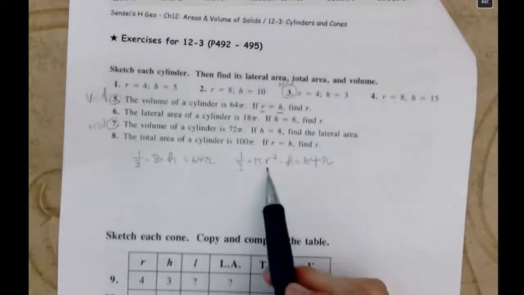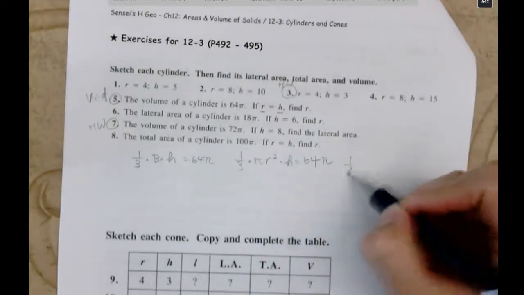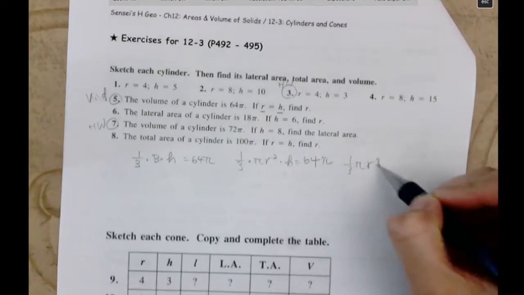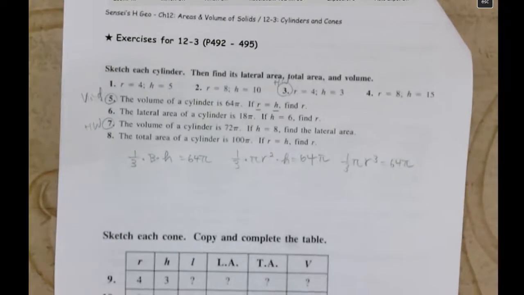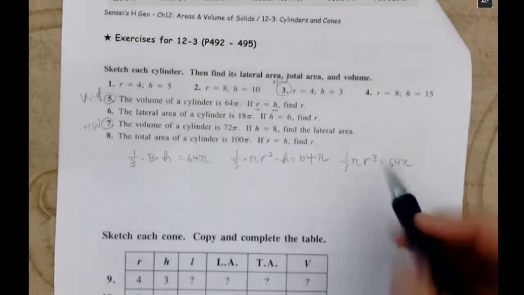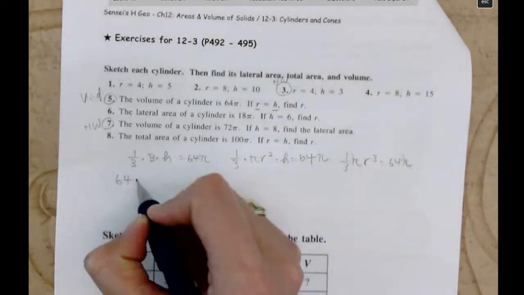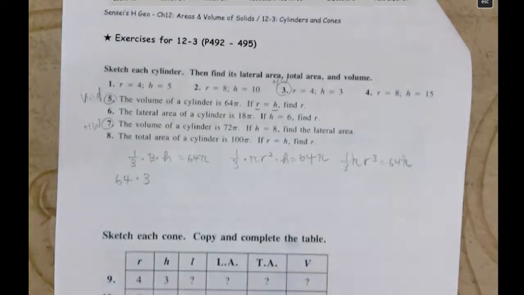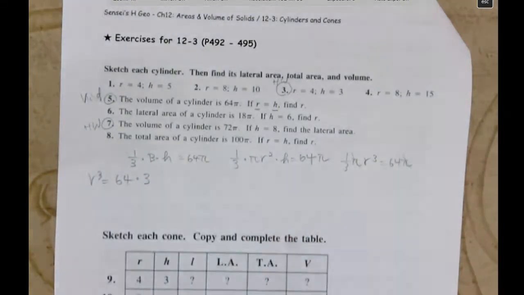Okay, and r and h are the same length. So this is the same as 1/3 of pi r cubed equals 64 pi. Right? Now it's one equation with one variable. You can solve it. You can cancel pi. You can multiply 64 by 3. And this is r cubed is 64 times 3.